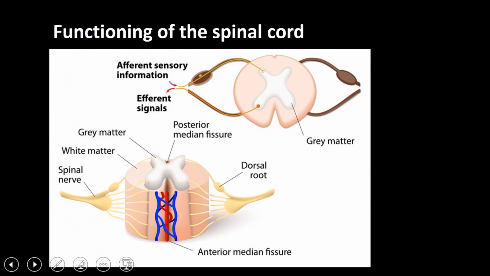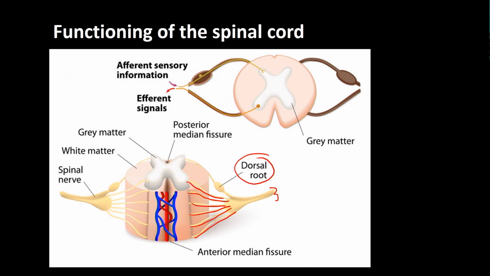Now, if we have a look at this picture, that just shows all of those things. Those are the neurons leaving the spinal cord, joining to the spinal nerve. That's your dorsal root.